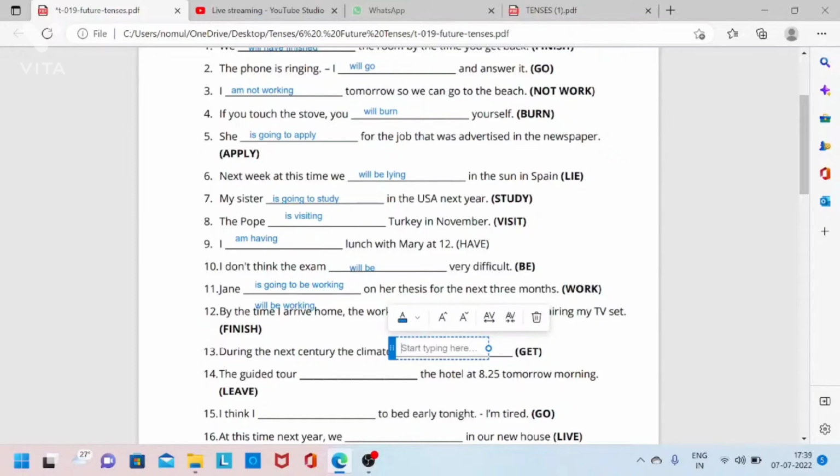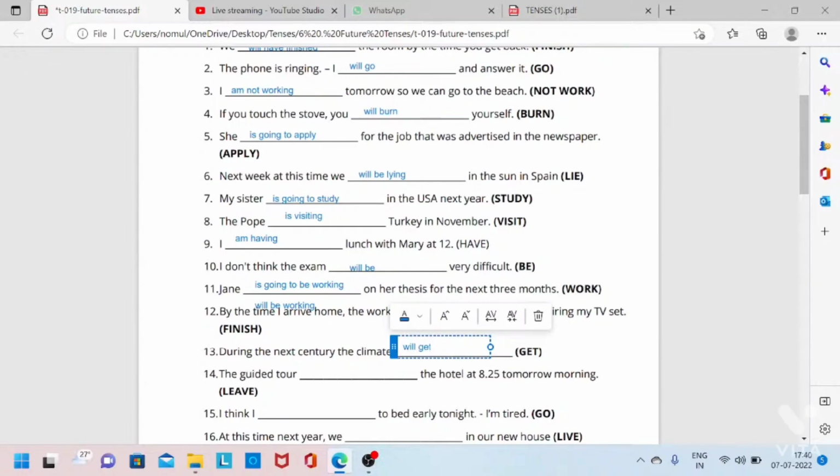During the next century, the climate dash. So using get we have to write it down. So during the next century the climate will get, okay, using will and get.